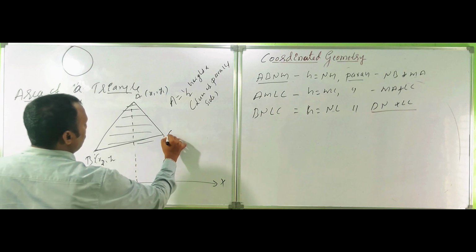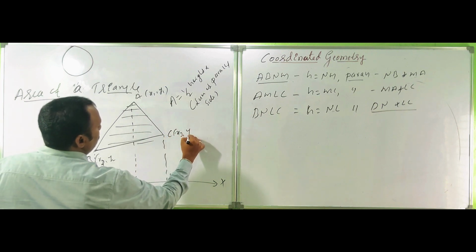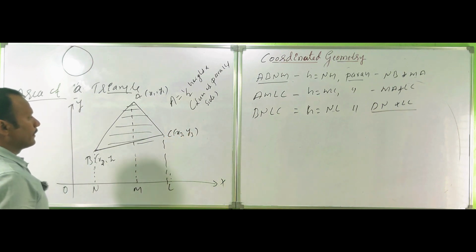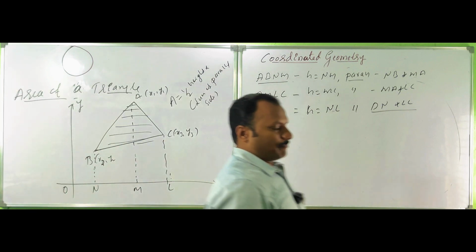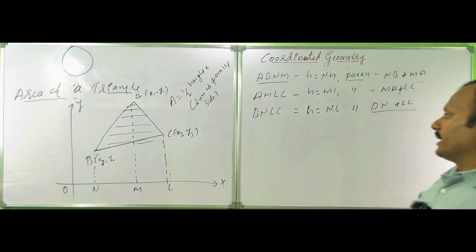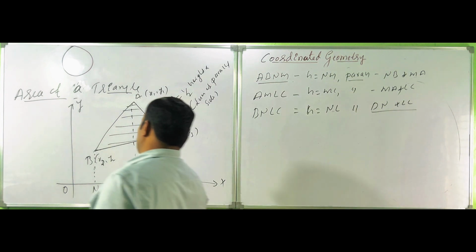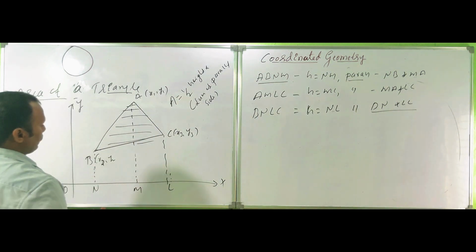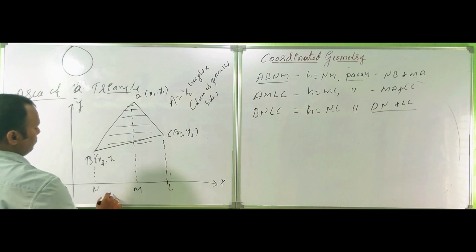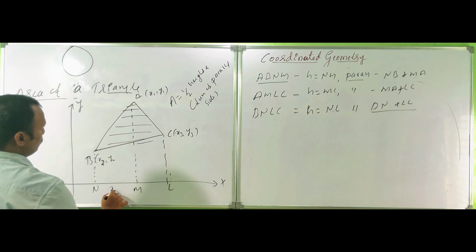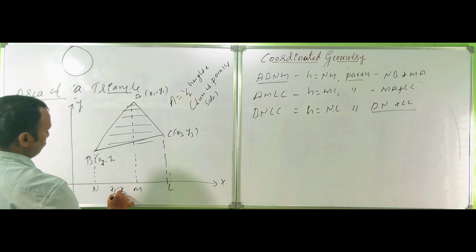Then you can get x3 and y3. Here how do we define this? What is NM? NM is x1 minus x2.